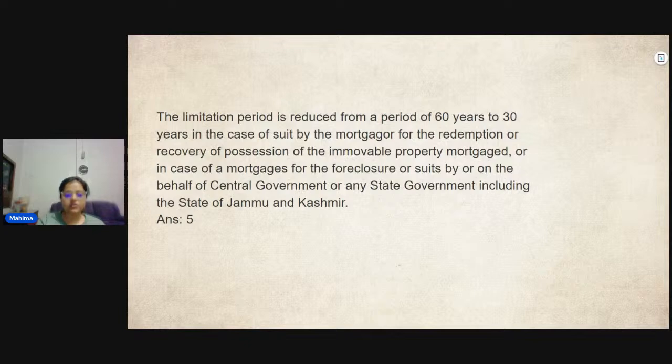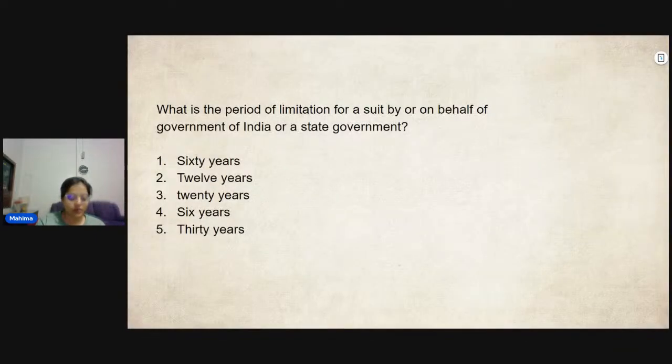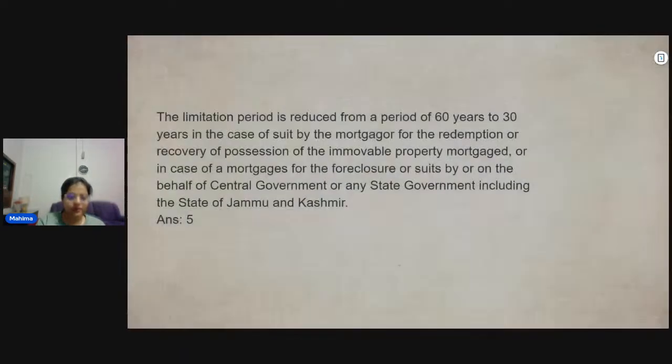It is 60 to 30, 60 years to 30 years in the case of a suit by a mortgagor for the redemption of recovery of possession of the immovable property, or in case of mortgages for the foreclosure suits, or on behalf of the central government or the state government. It is 30 years, right?